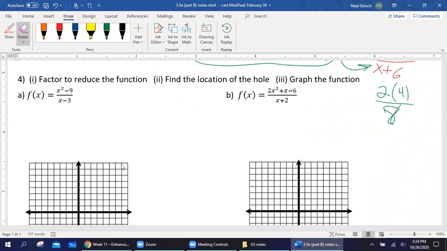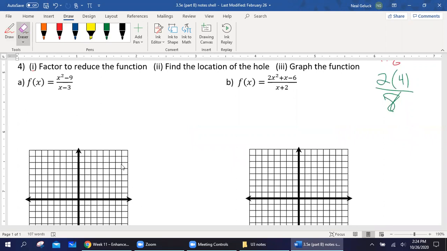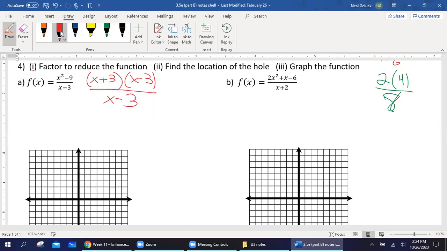For the last two, we're going to do some factoring and reducing to figure out where the hole is. So the numerator here is x plus 3 times x minus 3. Denominator is just x minus 3. Now there's no number that makes the denominator 0 that does not make the numerator 0. There's no number that satisfies that. So there's a hole in this graph.